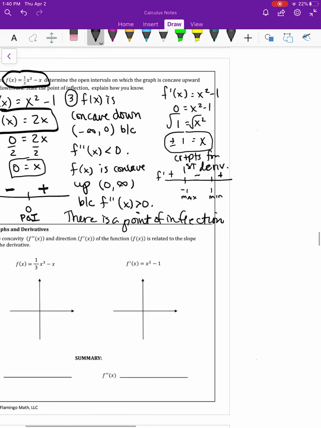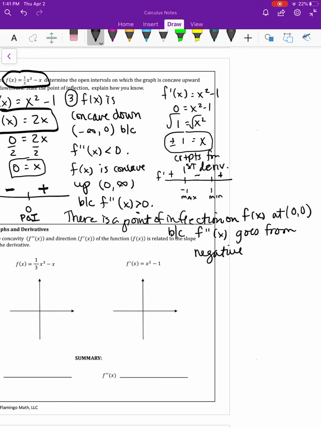So there is a point of inflection on f of x at (0, 0) because f double prime of x goes from negative to positive at x equals 0.